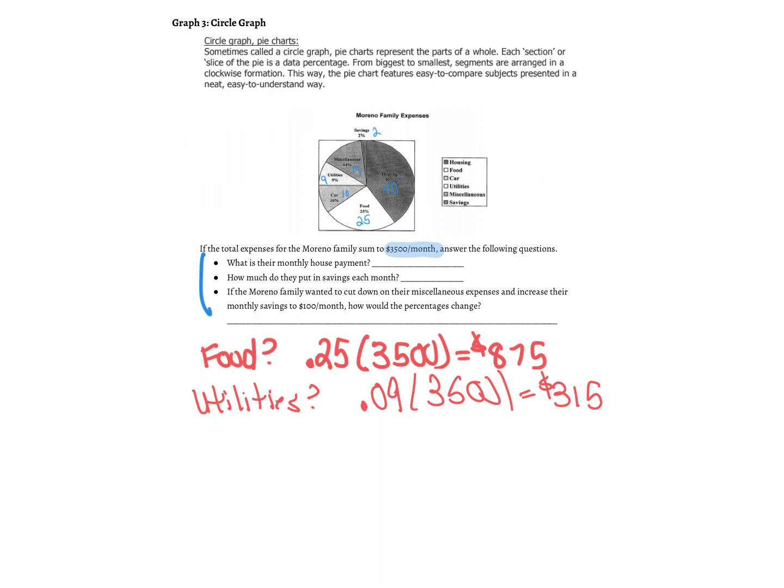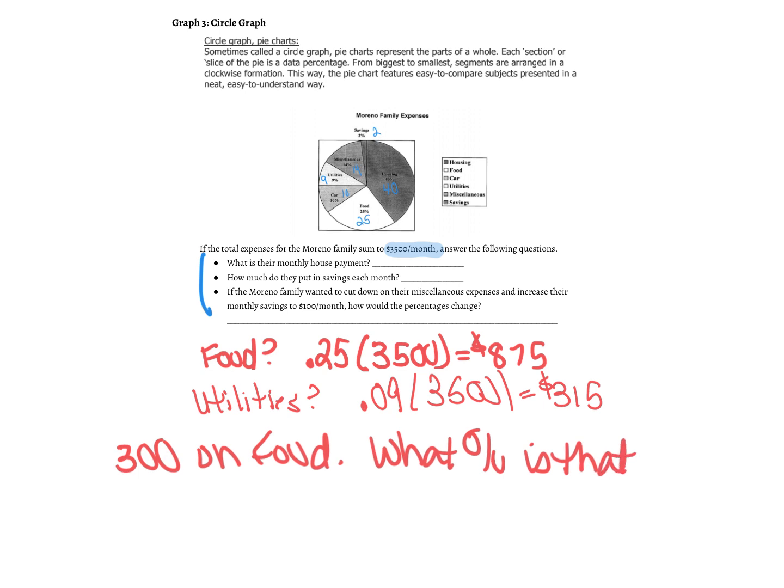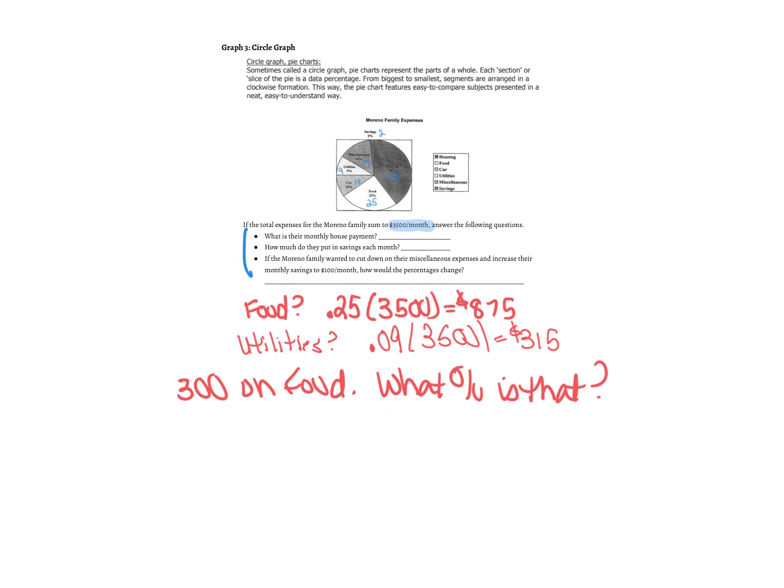Okay. And then what if I want to spend, so right now I want to spend $300 on food. What if I only want to spend $300 on food? What percent would that be? So $300 on food. What percent is that of my income? Okay, well that means kind of like what we did. If I want to spend $300 total on my food, that is what percent of $3,500?